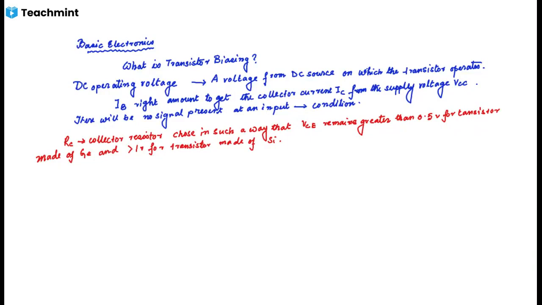So the collector resistor RC is chosen so that VCE remains greater than 0.5 volt for germanium and greater than 1 volt for silicon. That is also taken into consideration.